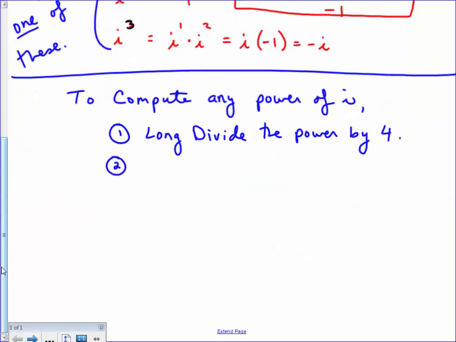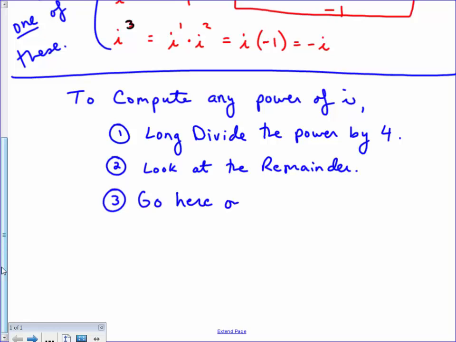Once you long divide, you're going to look at the remainder. Whatever the remainder of your long division is tells you where to go on your clock. So go here on the clock. Your answer will be on the outside of the clock.